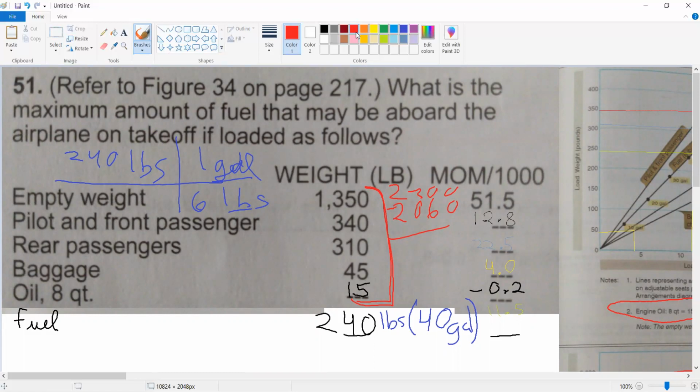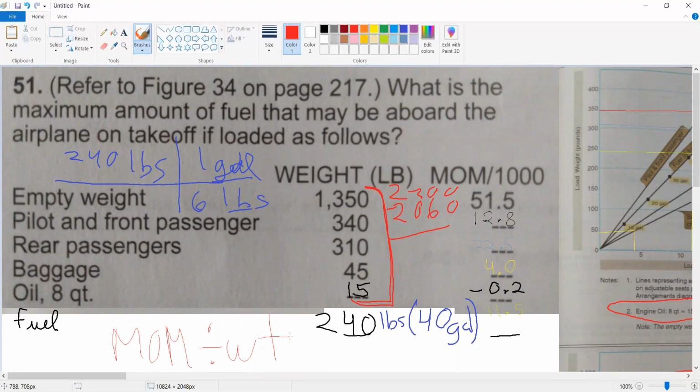All right, and that would give us the answer. So if we're looking for the center of gravity, it would be the moment over weight. That would give us the answer if we were looking for the CG.